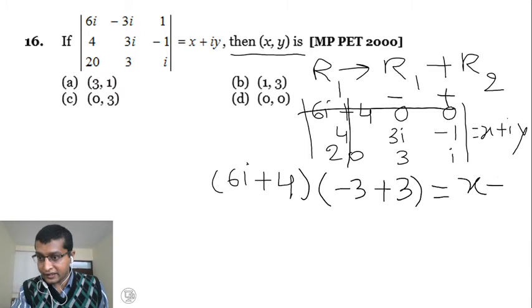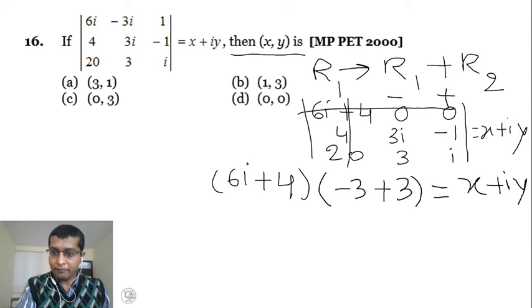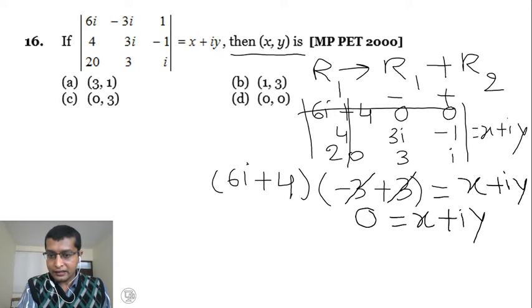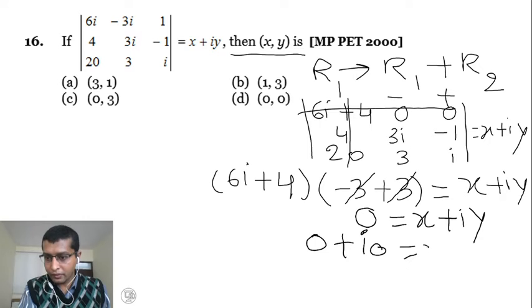So x plus iy imaginary part. So here minus 3 plus 3 gets cancelled. We get an answer as 0. 0 into this once again is 0. We get 0 equal to x plus iy. So further I write this as 0 plus i times 0 equal to x plus iy.